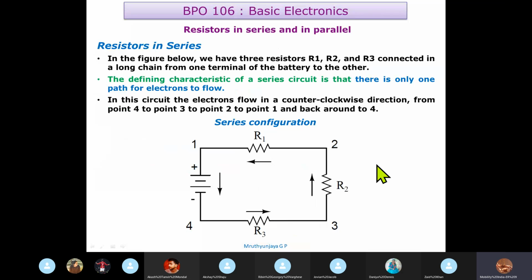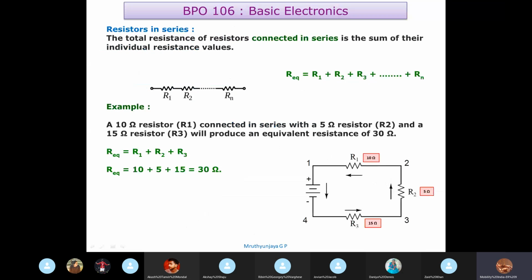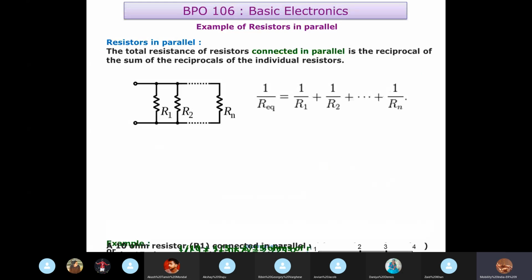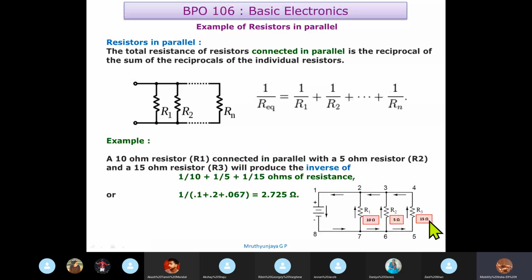But if you take 10, 5 and 15 in parallel combination, the resultant will be lower than the lowest value of the resistance. So the resultant has to be smaller than the individual resistance values.